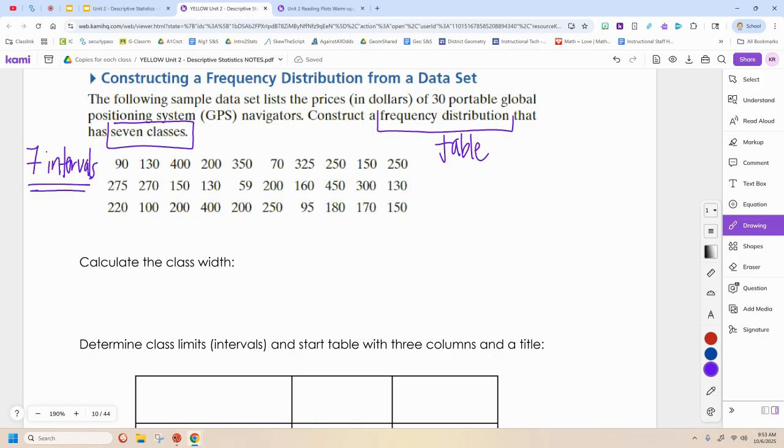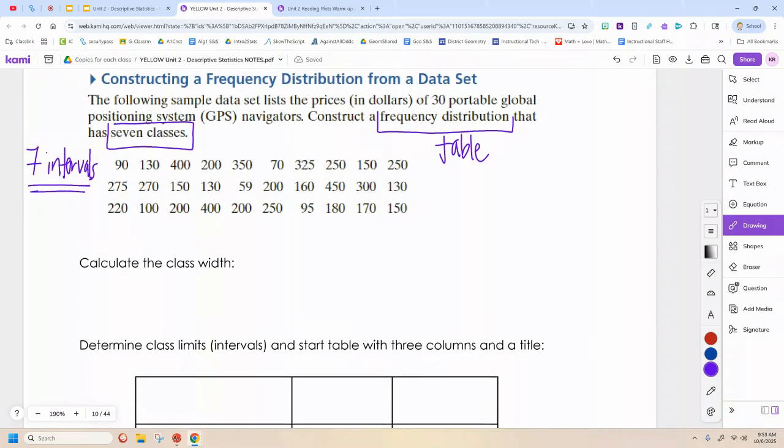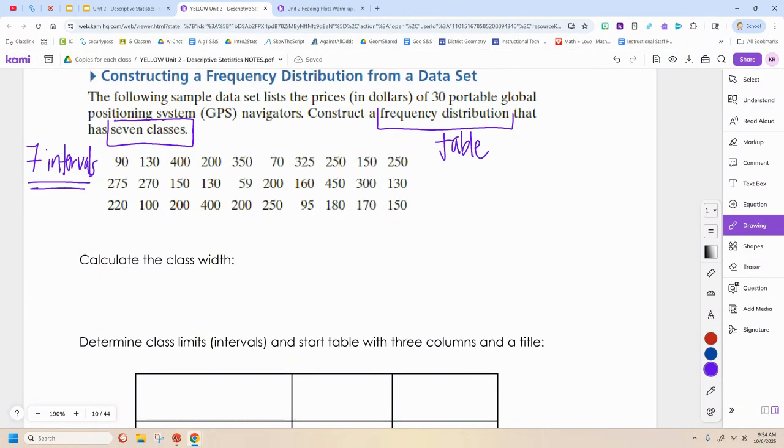Anyways, back to this. So these are prices. First thing we want to do is calculate our class width, which means step 1 is the range. What is the range? So you got to skim your data and look for the max and the min.